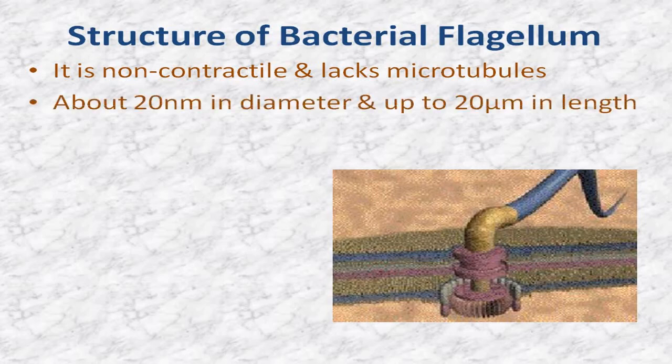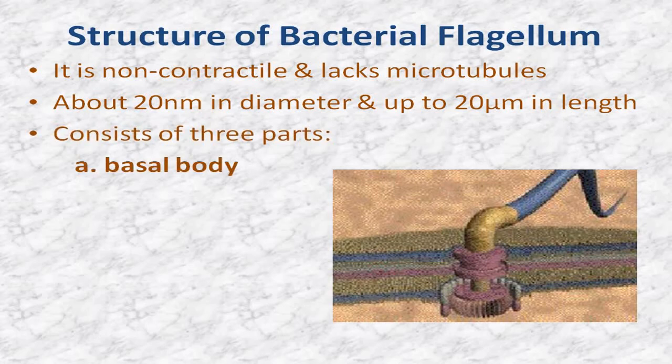It is about 20 nanometers in diameter and up to 20 micrometers in length. It consists of three parts: the basal body, which is embedded inside the plasma membrane; the hook that extends out of the surface of the cell; and the filament, which is a long structure extending from the hook.